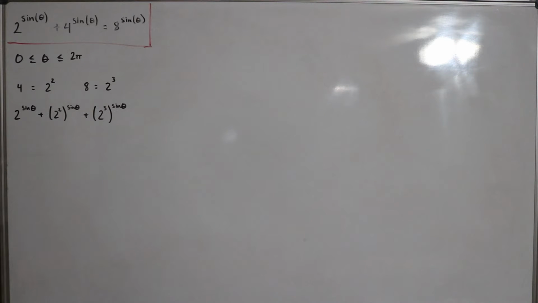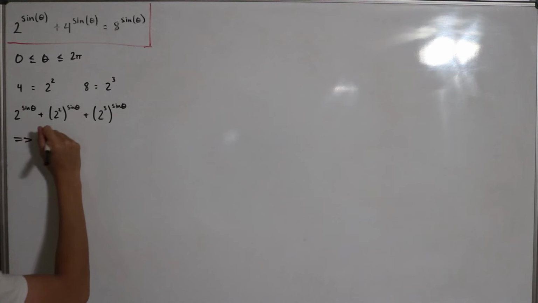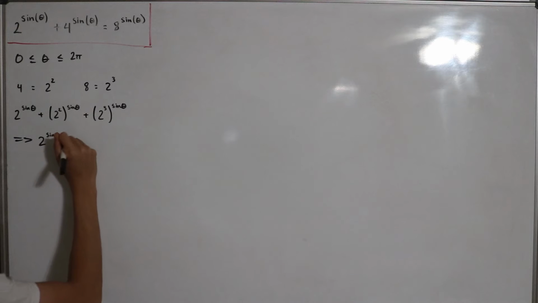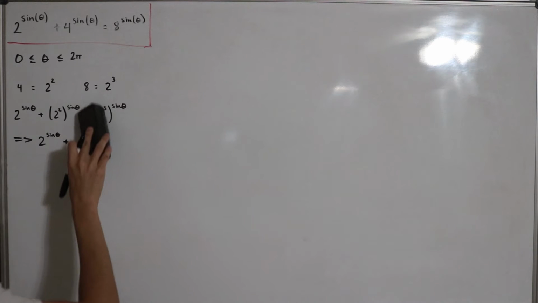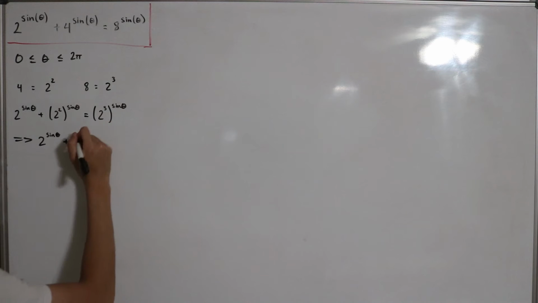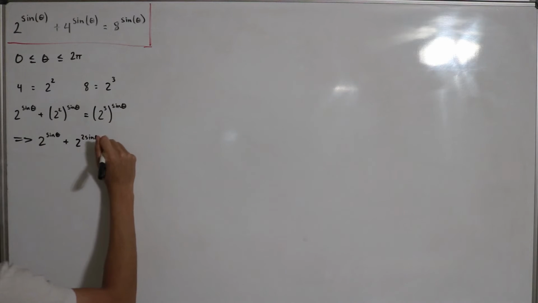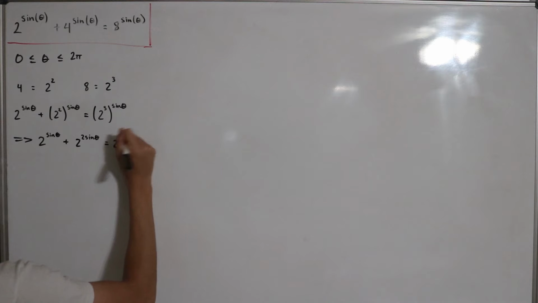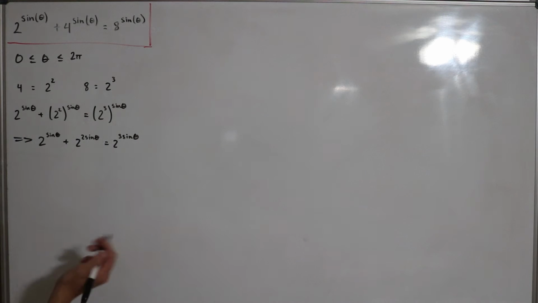Using the power rules of exponents, we can write this as 2 to the sine theta, plus 2 to the power 2 times sine theta, equals 2 to the power 3 sine theta.